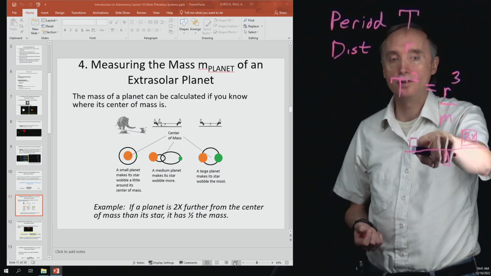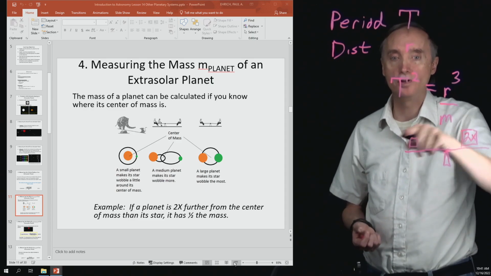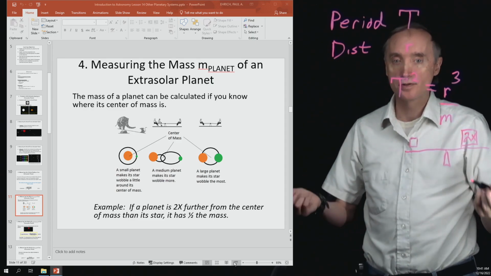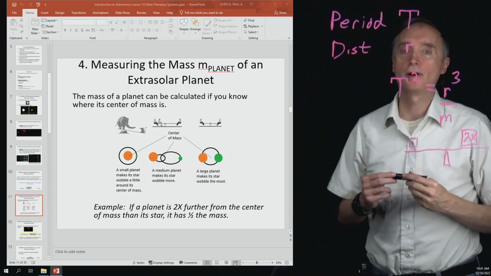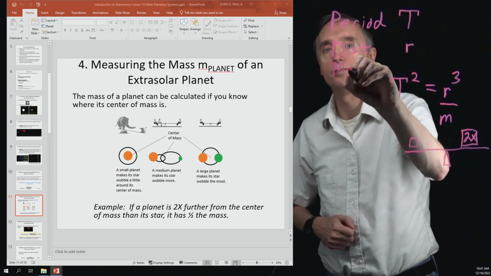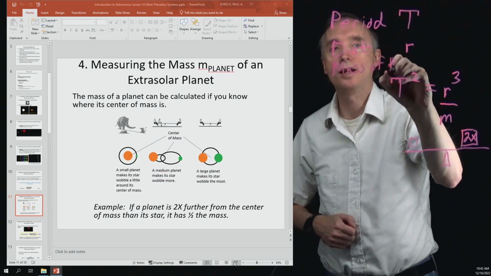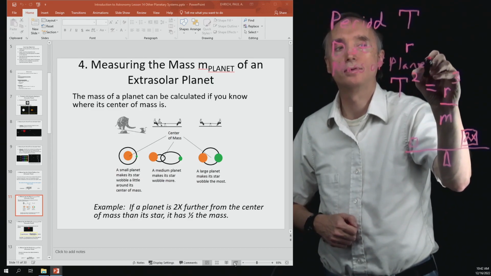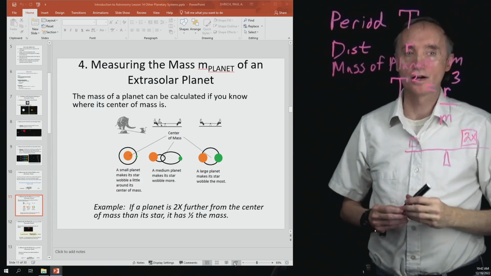And it turns out you need to put it 2 times further away than you did this box over here. So we can now figure out what is the mass of the planet. So again, let's put that over here. Mass of the planet. And we'll put the letter M just to emphasize that.